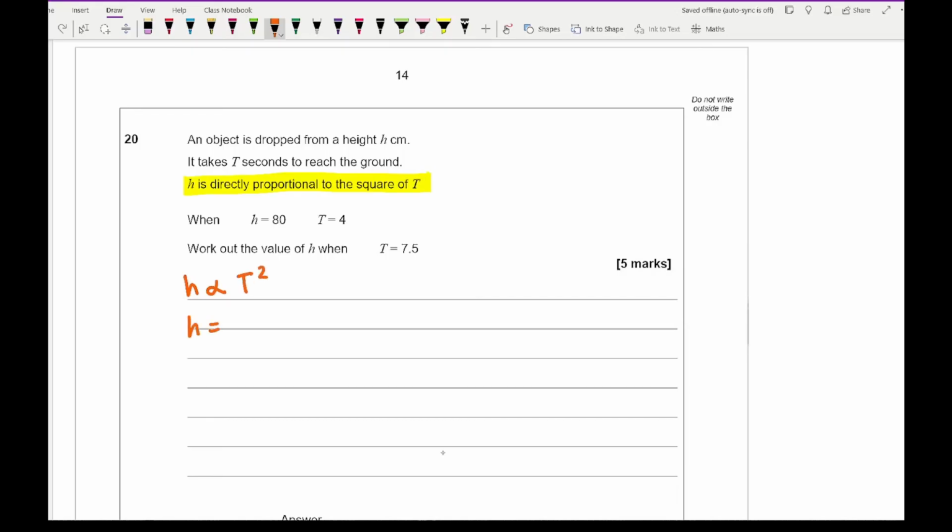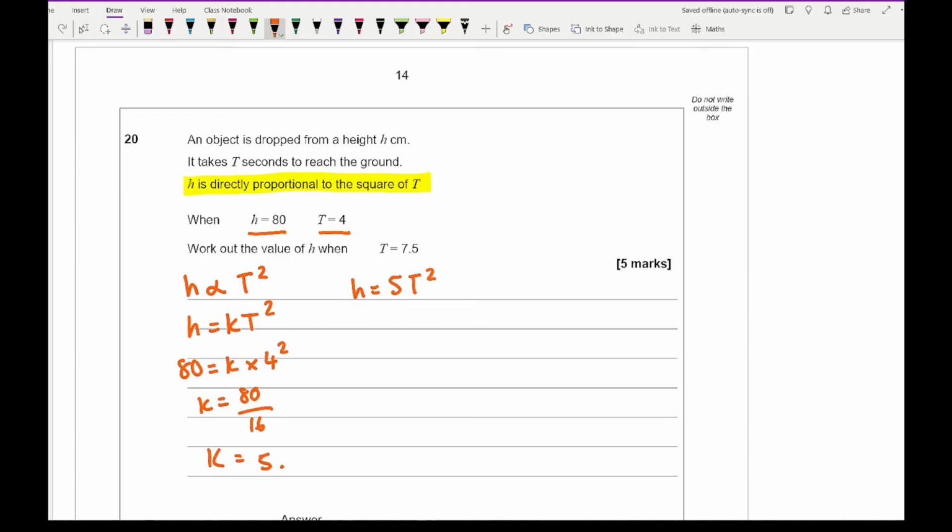I then replace the proportional symbol with equals k, and then I'm going to use these numbers to work out what k is. So I've got 80 equals k times 4 squared. So k equals 80 divided by 16. So k equals 5. Then from the next one, now we know that k equals 5, we know that the formula is h equals 5t squared.